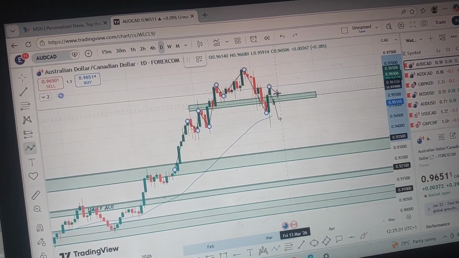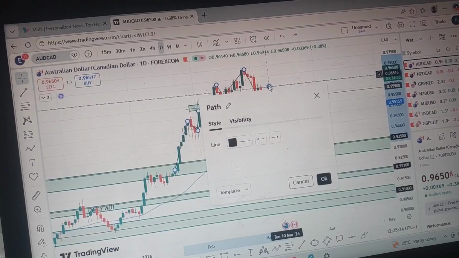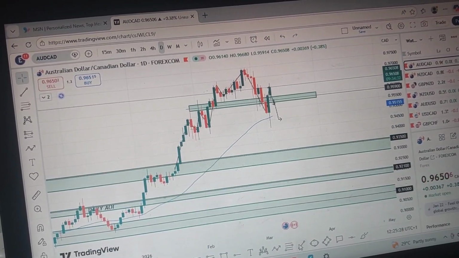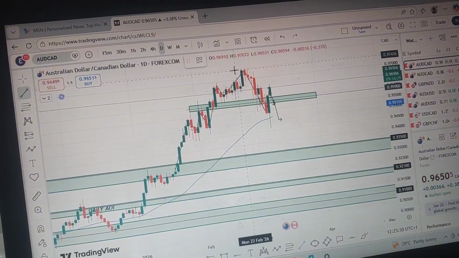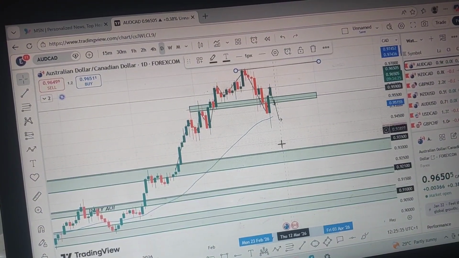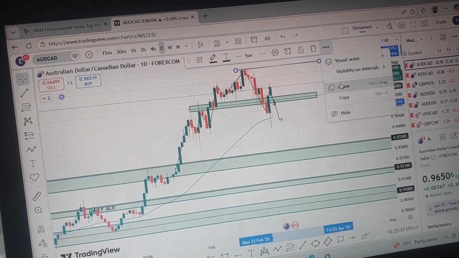So now we can see in the daily time frame, we are bearish. This is the lower high, and this is the lower low.